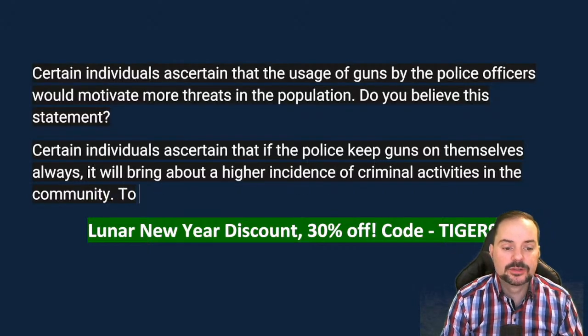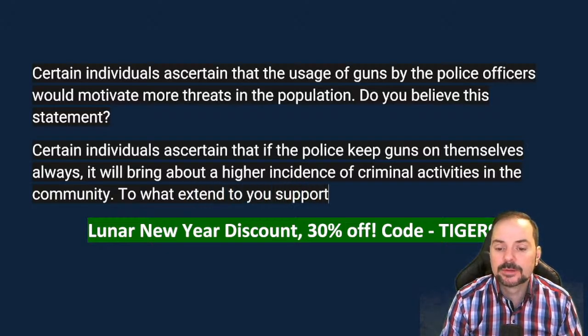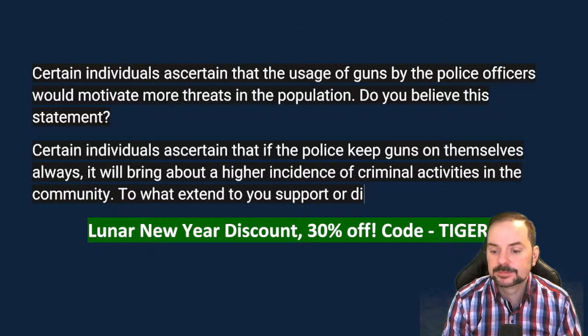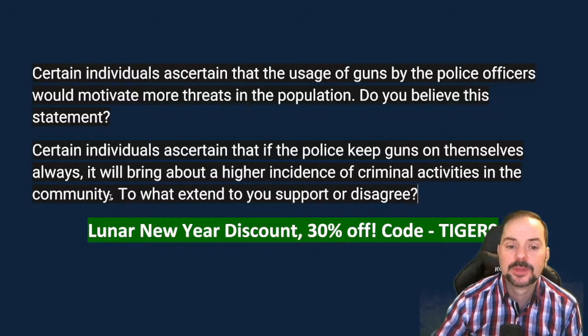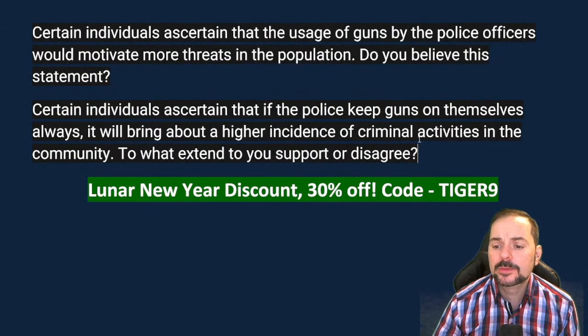Okay, to what extent do you support or disagree? Okay, keep that part of the question in mind, Rashika. All right, good. So we're on the right path.